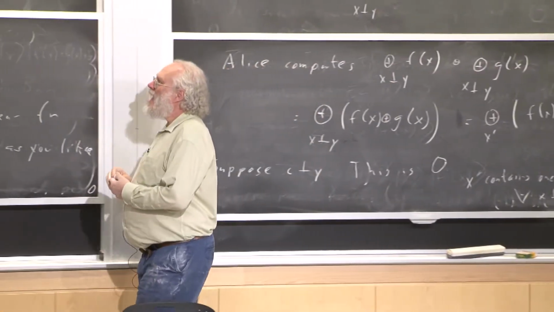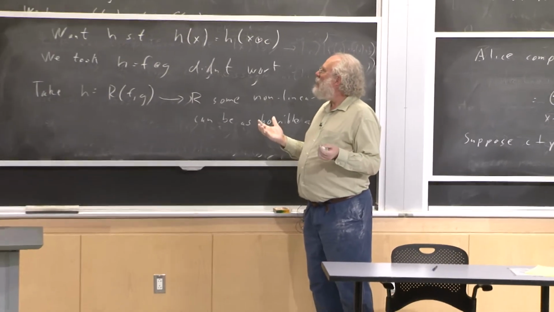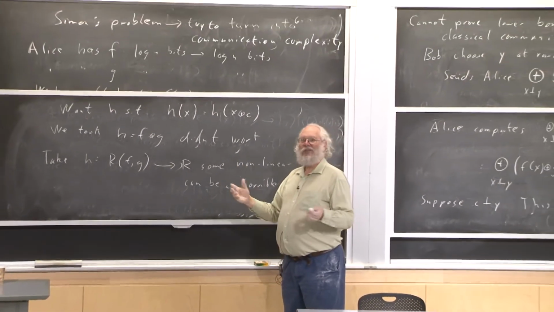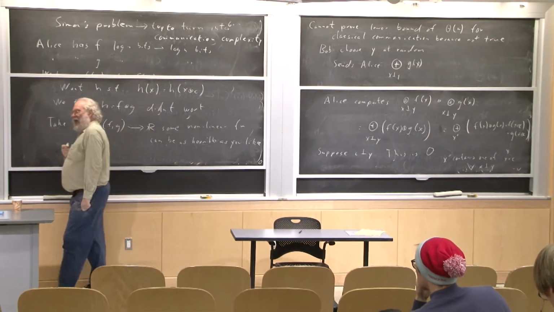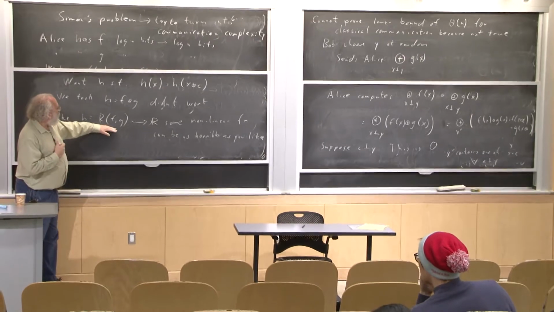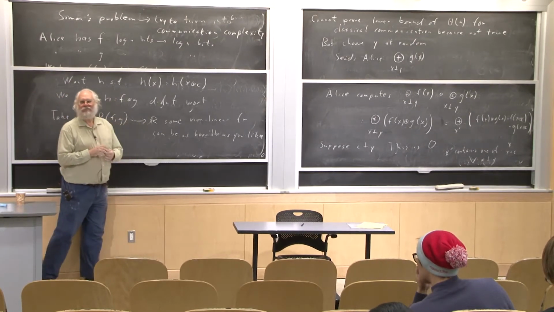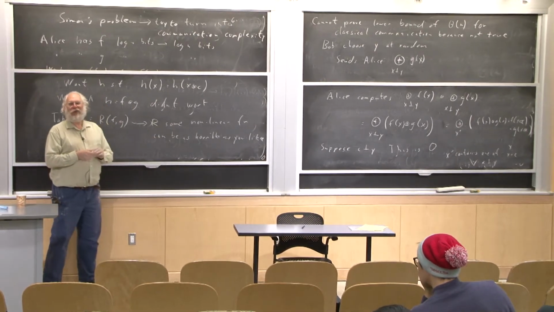So I don't see any way that Alice and Bob can speed up Simon's problem with classical communication if you make r nonlinear. In particular, if you make r a nasty nonlinear function.